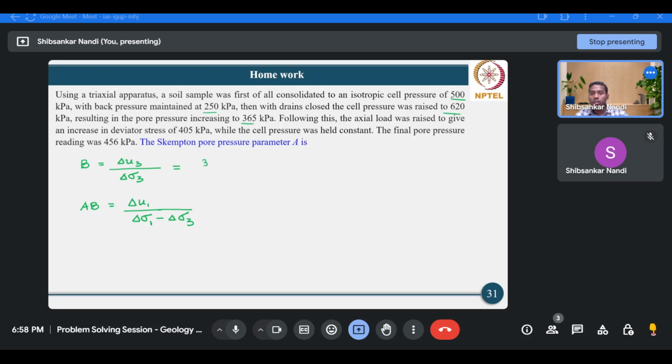It's 365 minus 250 due to the change in cell pressure of magnitude 620 minus 500. That means the B value is 0.96.